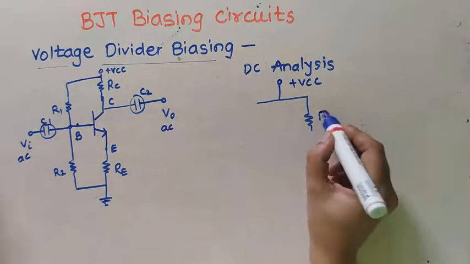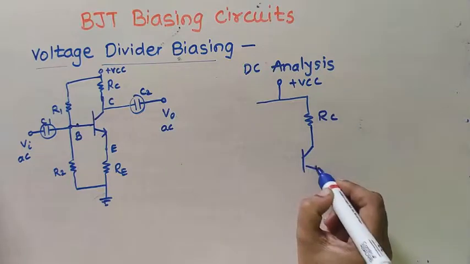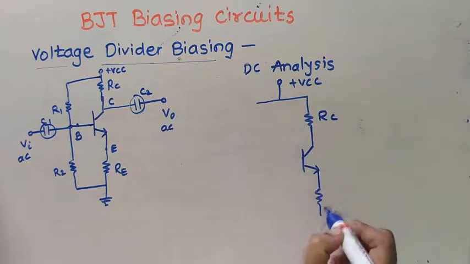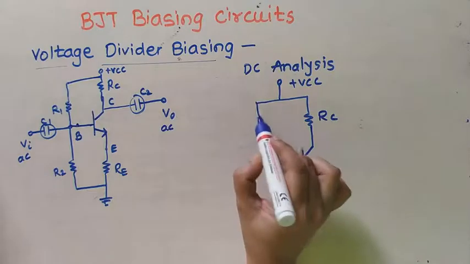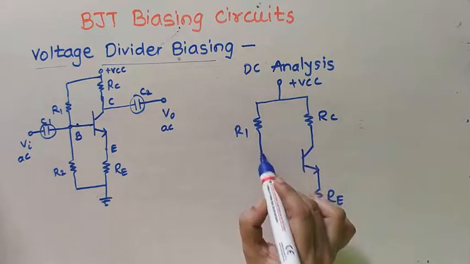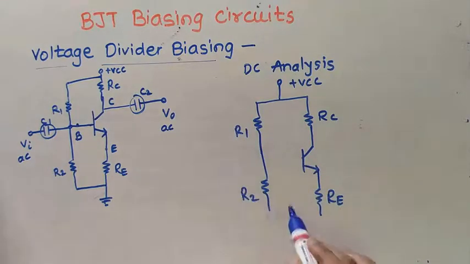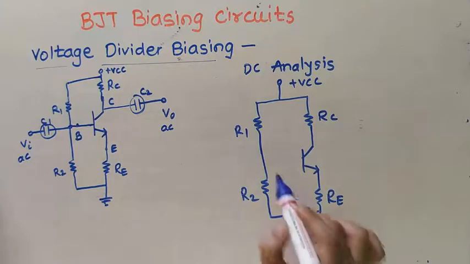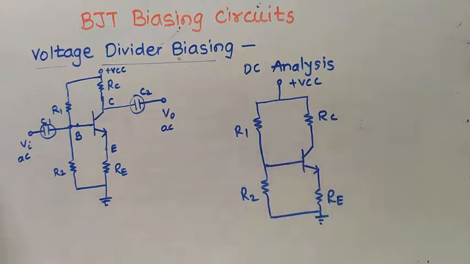So this is RC, this is our transistor, this is RE, this one is R1, this one is R2, and this is ground. So this is our voltage divider circuit.